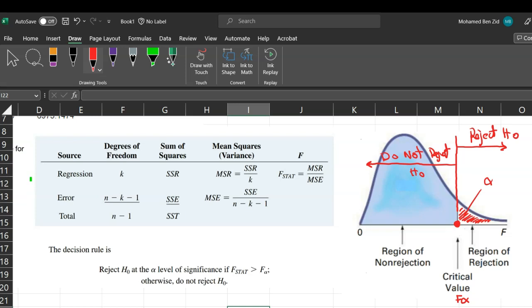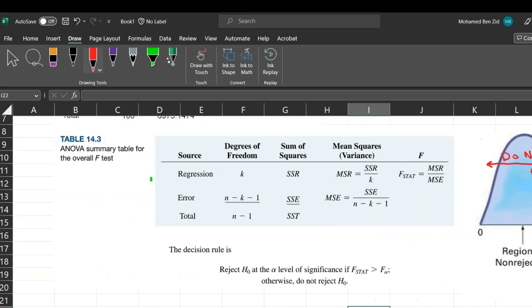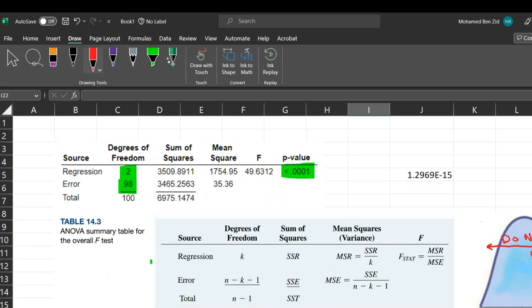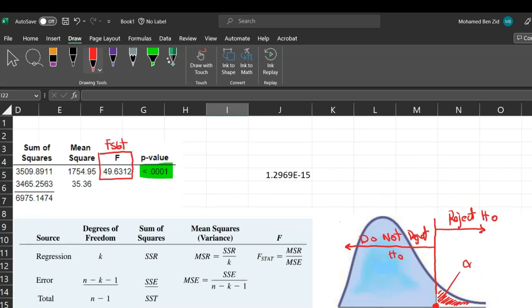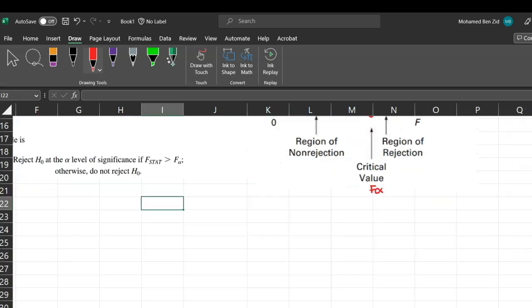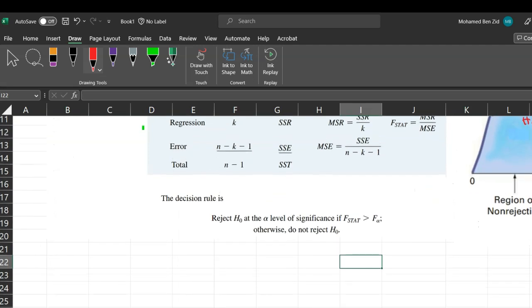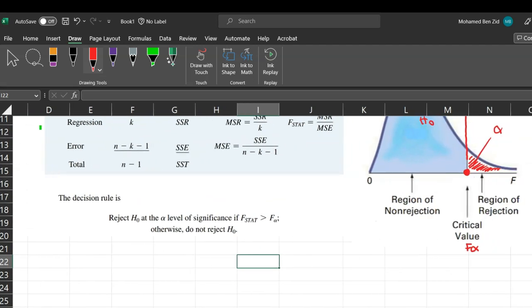We could find it, but they didn't ask us for it, so we are not going to compare the F critical with the F statistic. The value that we have so far is only the F stat, so I don't have the F critical, or F alpha.